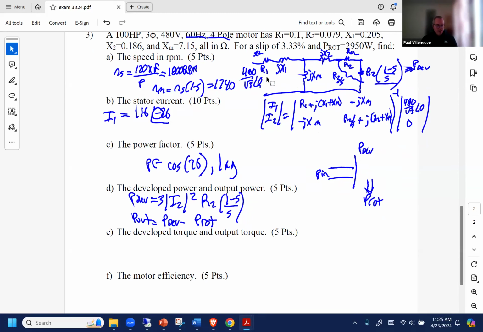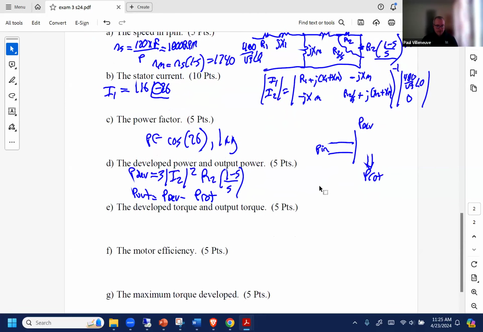So you could have just done P in minus the stator copper losses and minus the rotor copper losses, but I just find it to be more efficient to go directly and pull that out from here and get P developed. Okay. That was probably the hardest part of this one, in my opinion, figuring out the current to use and then calculating it over here.